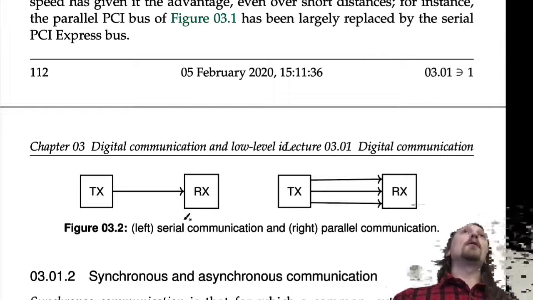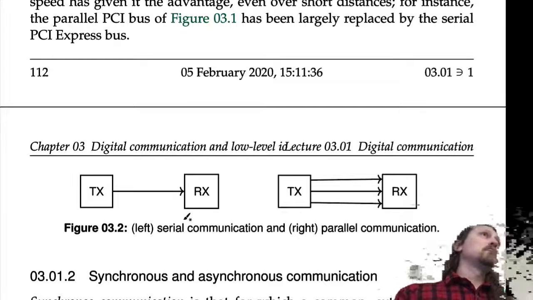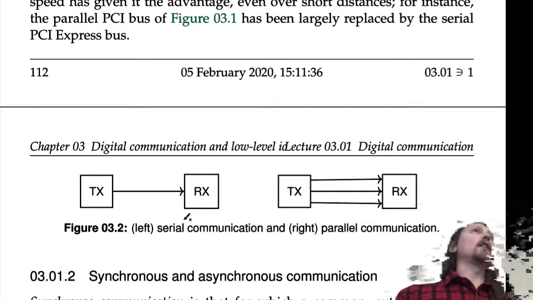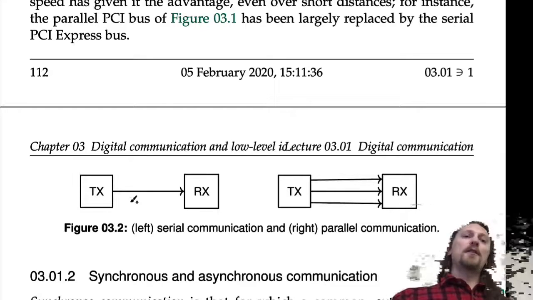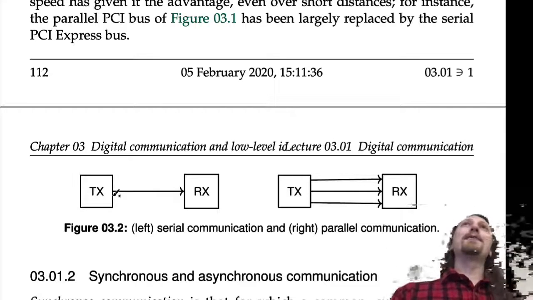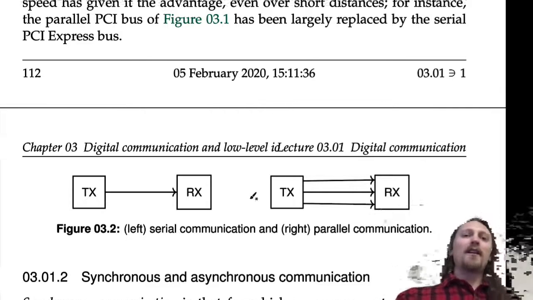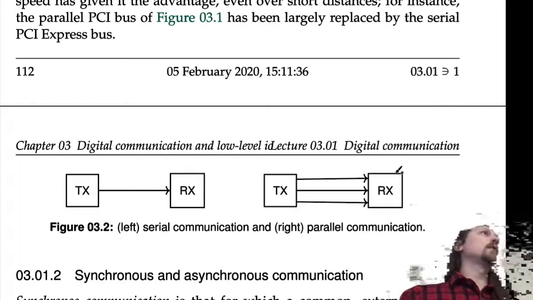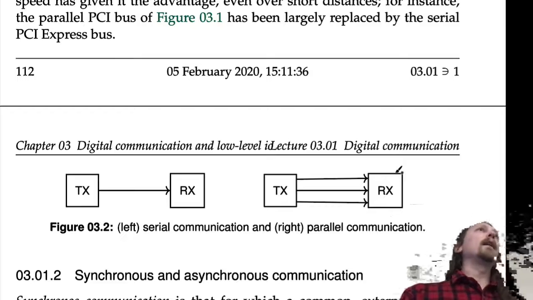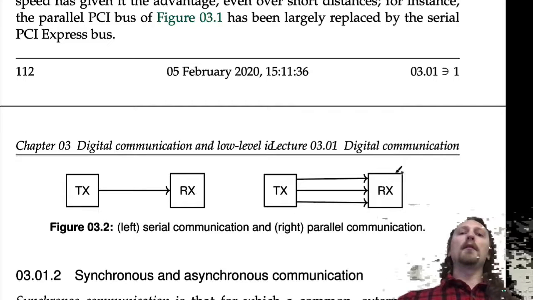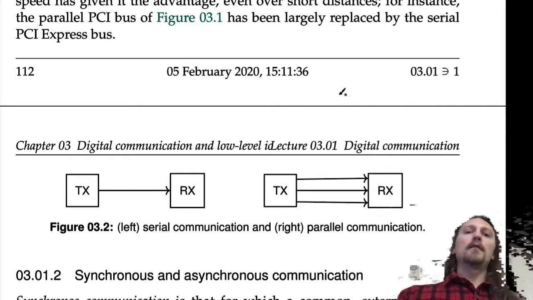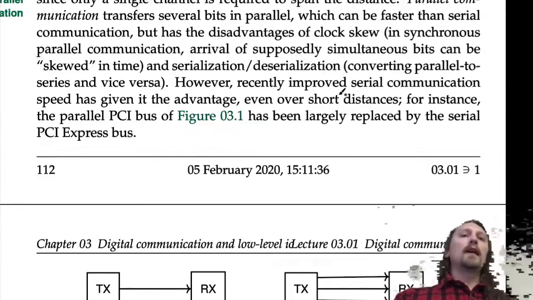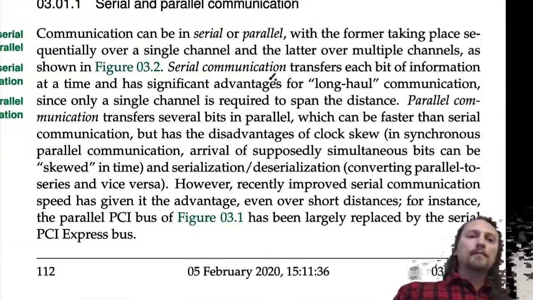Everything has to go through that one channel, pile up at the transmitter, and go through one at a time over to the receiver. In parallel communication, the transmitter and the receiver have multiple channels between them, and multiple bits of information can be conveyed at the same time.